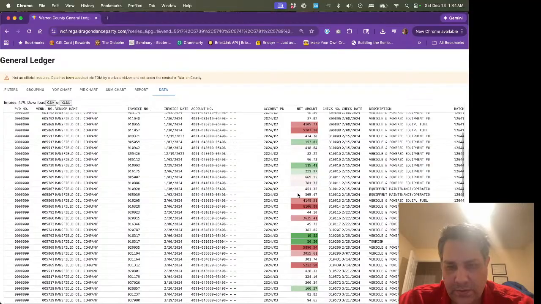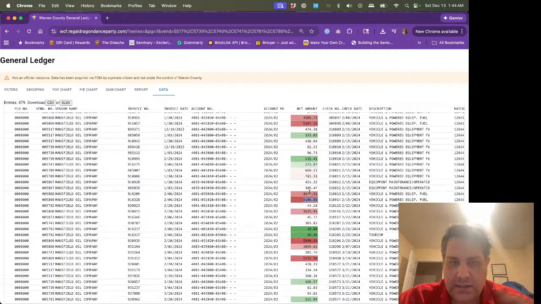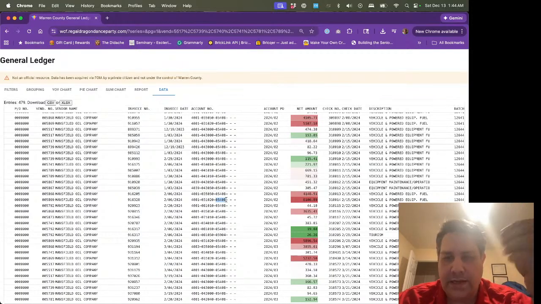So you can see where these are individual transactions. We've got a pretty high one at $6,000 here. And here's the issue. We don't see departments here, but they are here. So this right here, this number represents the department, and this part of the number represents the actual account number that has a description.